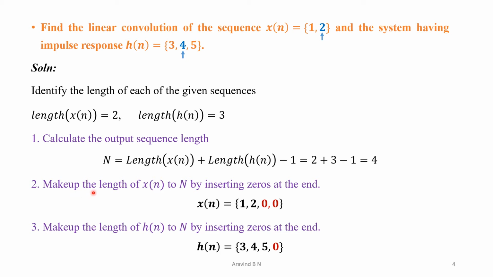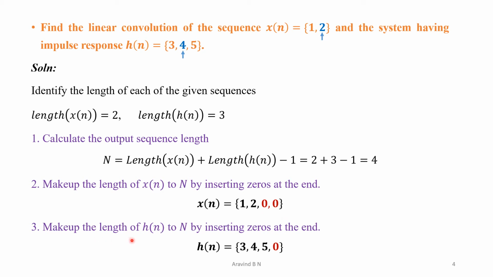Step 2. Make up the length of x of n to N by inserting zeros at the end. So length capital letter N is equal to 4. x of n is having two elements. Therefore, two zeros have to be inserted at the end so that the sequence length of x of n becomes equal to 4. So that has been done over here.